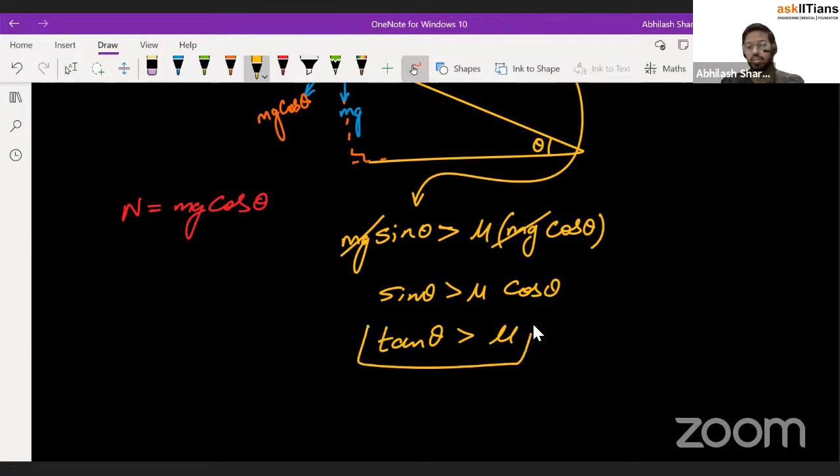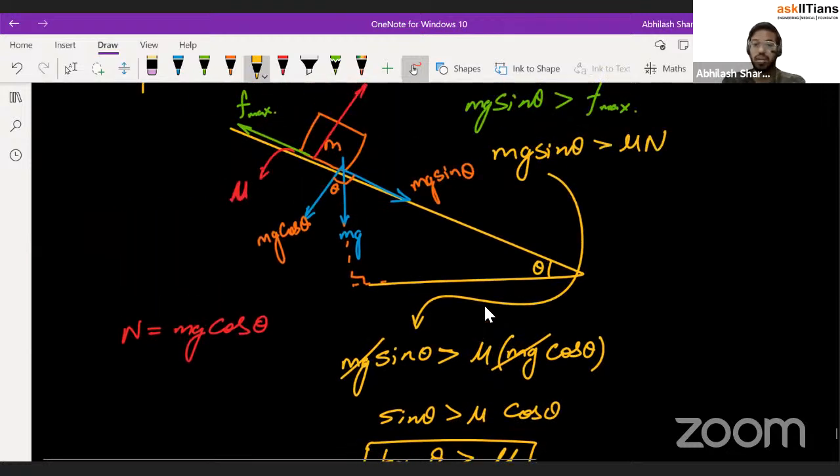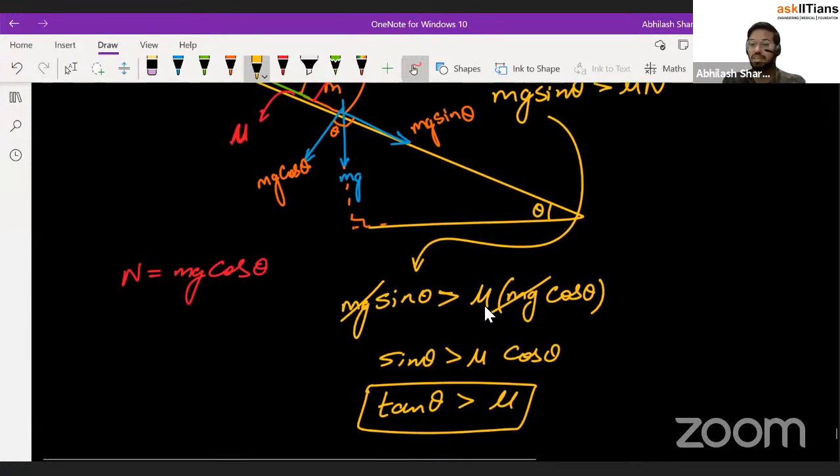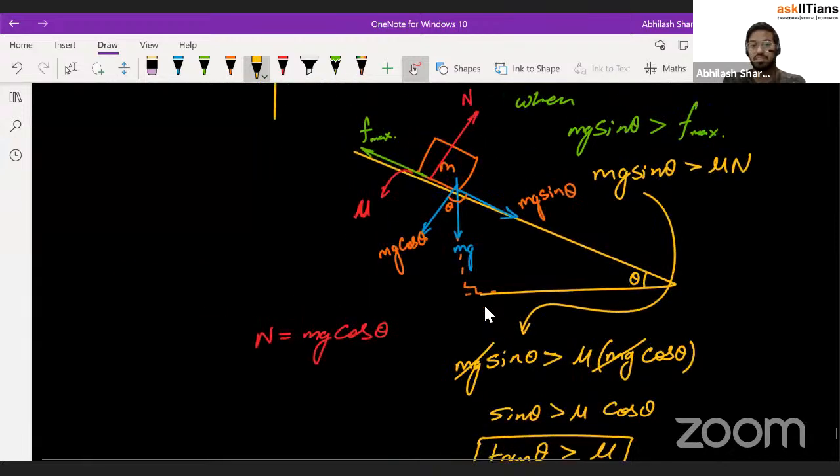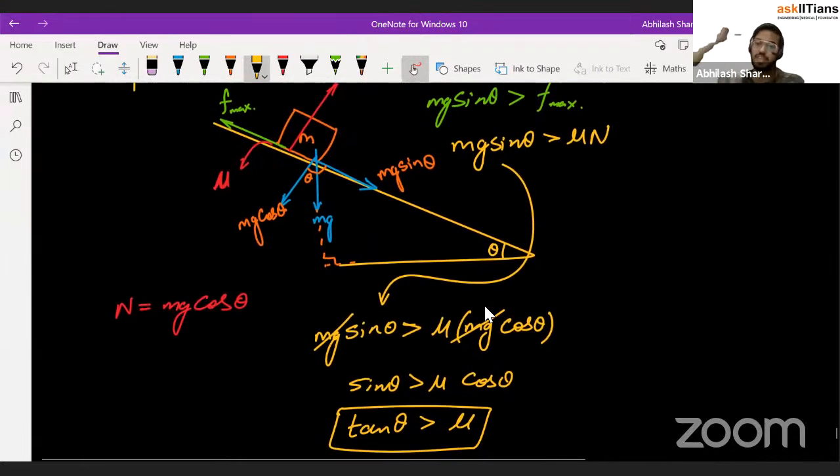When tan of theta becomes greater than mu, the block starts to slide down. And amazingly, it doesn't matter what kind of block it is, whether it is a lighter block or a heavier block, and you can even try that. It won't depend upon the mass of the block. All of them will start sliding down at the same angle.